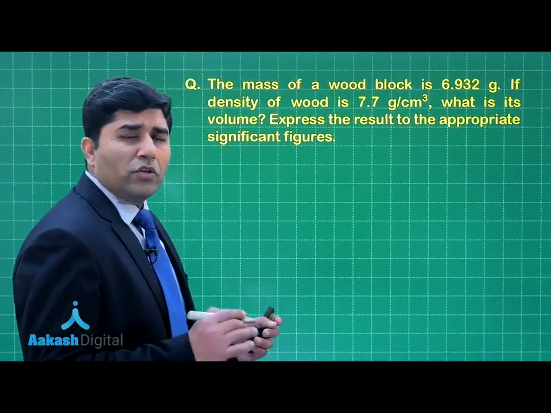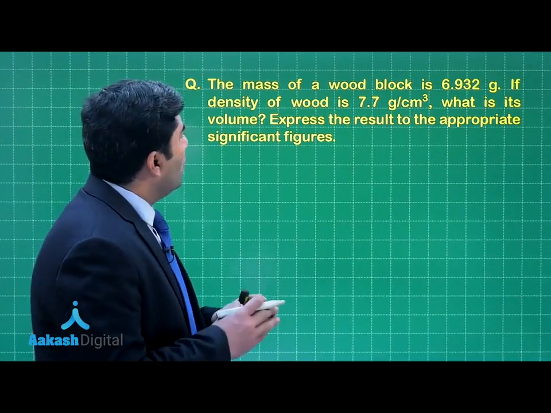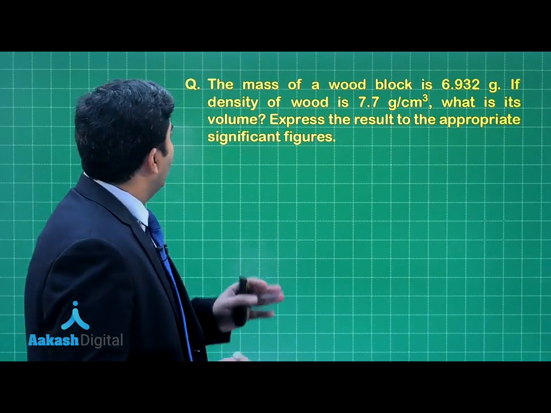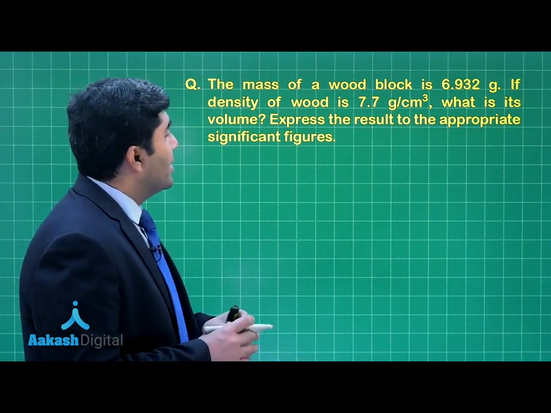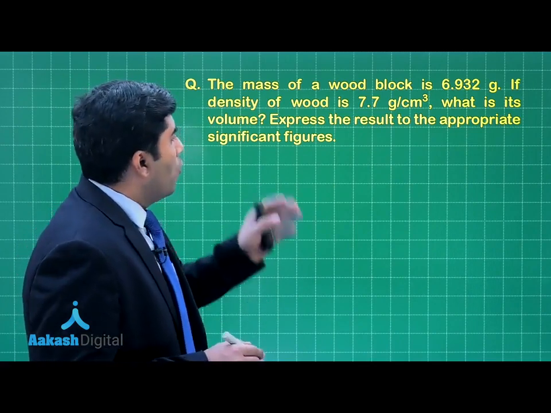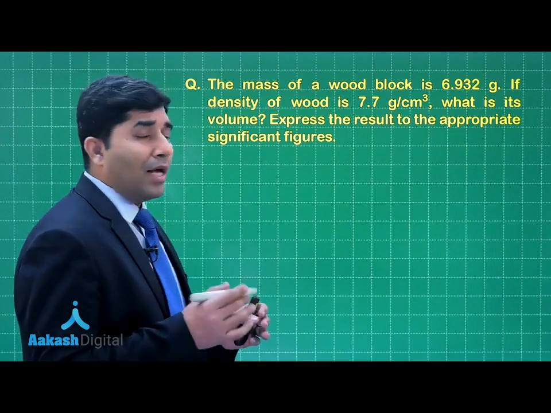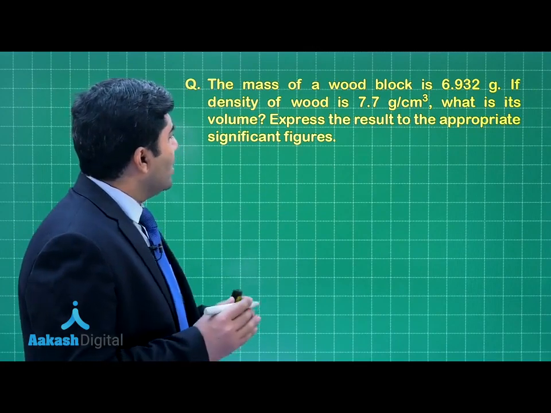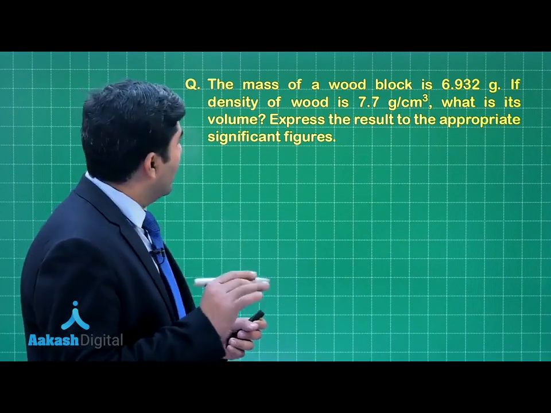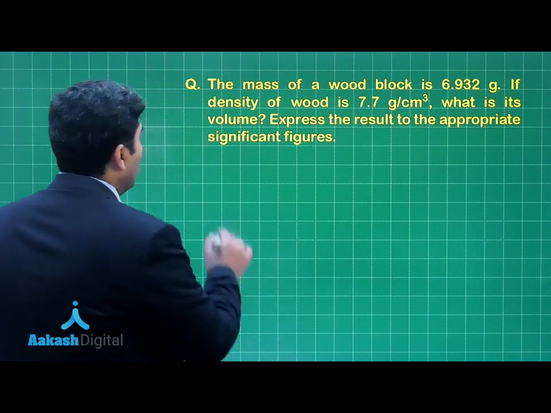Now in this question it is given that the mass of a wood block is 6.932 grams and the density of the wood is 7.7 gram per centimeter cube, right? What is its volume? This is asked, and express the result to the appropriate number of significant figures. So what do we have to do?